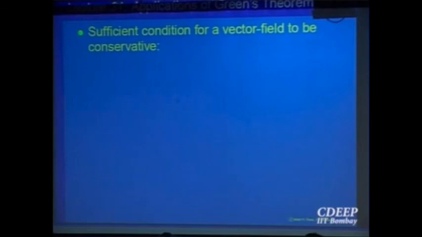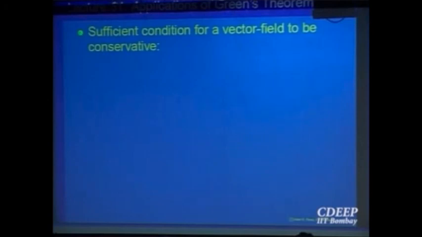The other part, that if curl f is 0 then it is independent, we can prove at least in the plane, as a consequence of Green's theorem. In three dimensions we will prove it still later. That theorem says curl f equal to 0 is a sufficient condition to ensure that the vector field in a simply connected domain is conservative.